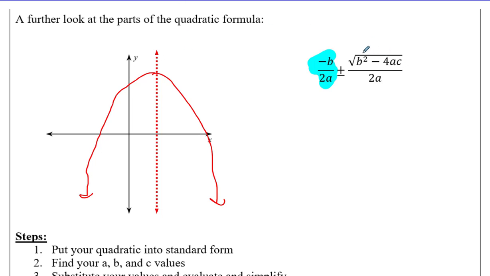What this piece does, with this plus or minus, I'm going to put this in green, is give us the distance from the axis of symmetry to our zeros. So this is our plus from that plus or minus, and remember, it's a parabola, so these are equidistant, and this is our minus. Just a fun fact, muchachos.